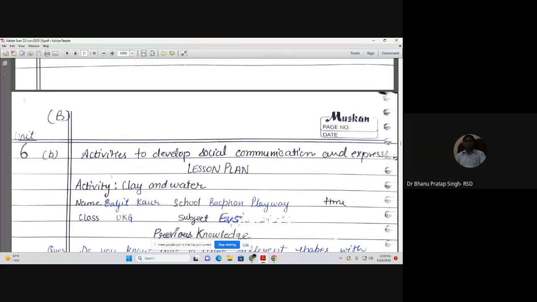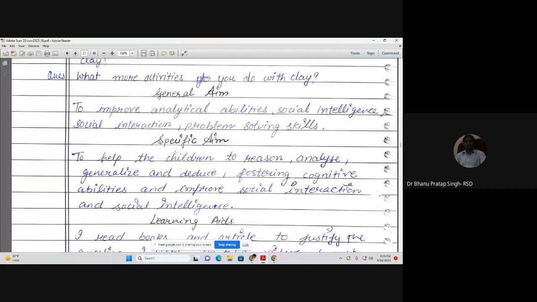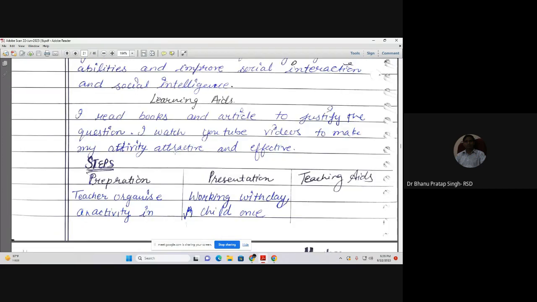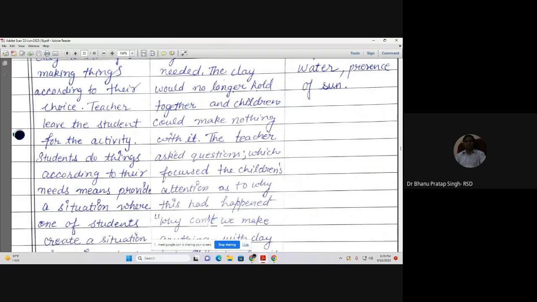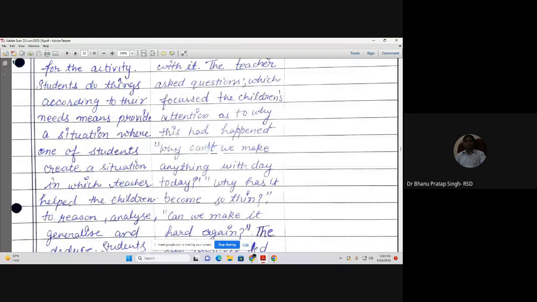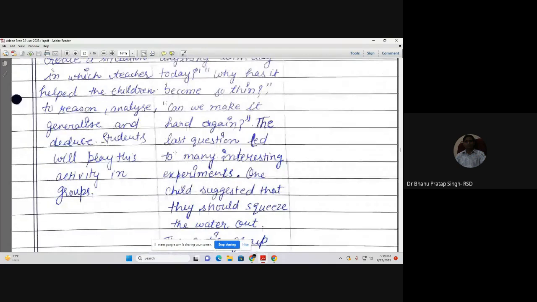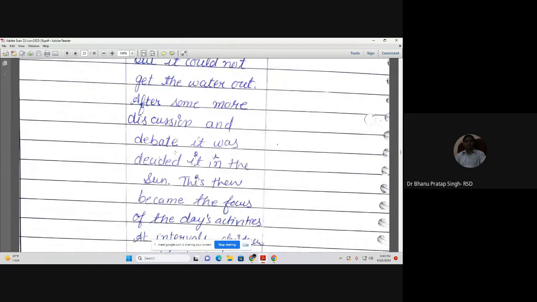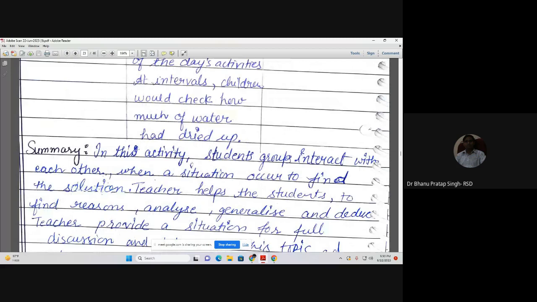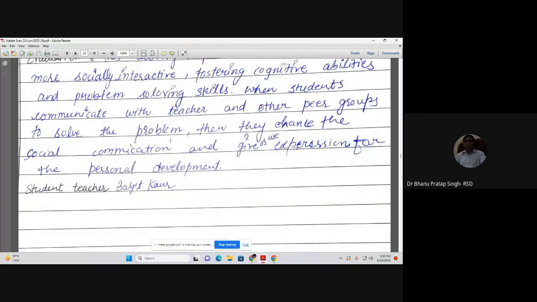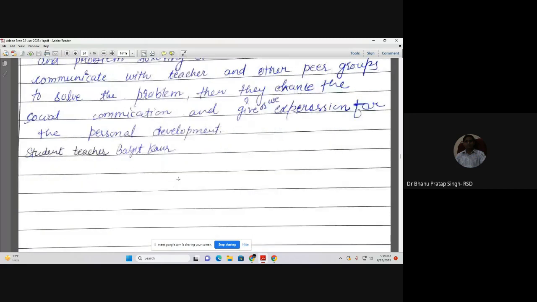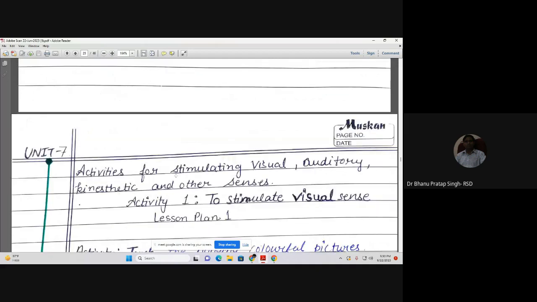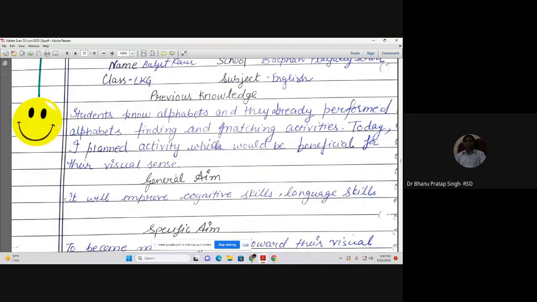This is unit 6. Summary, then evaluation, then student teacher name. Unit 7, unit 8, unit 9.